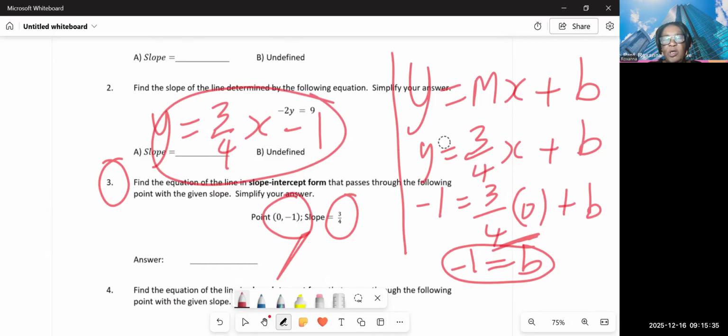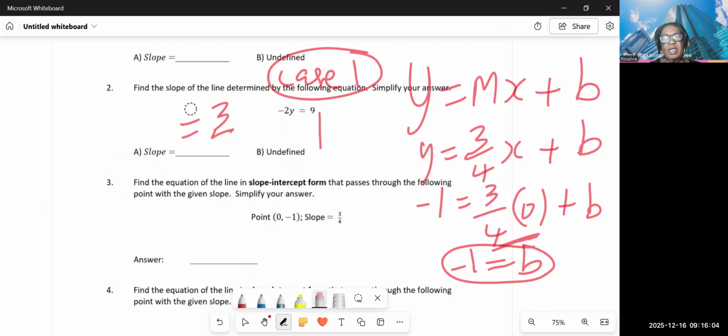So we're given the slope, and we found the y-intercept. This is method 1. Another method you can use to solve this problem is the point slope formula.